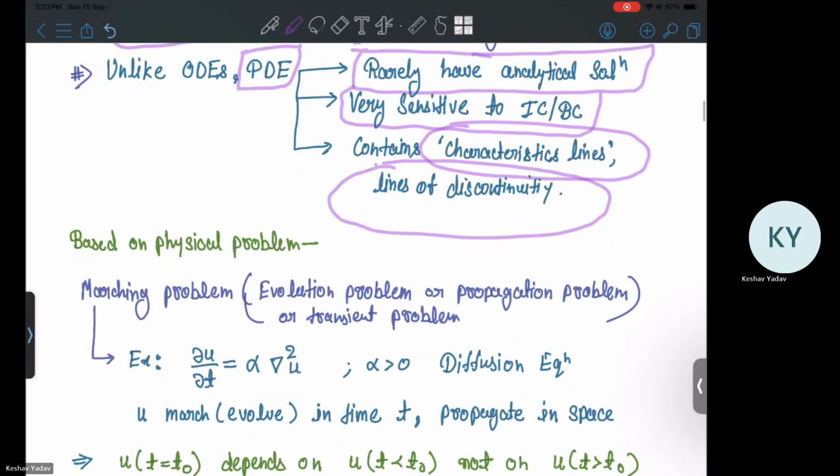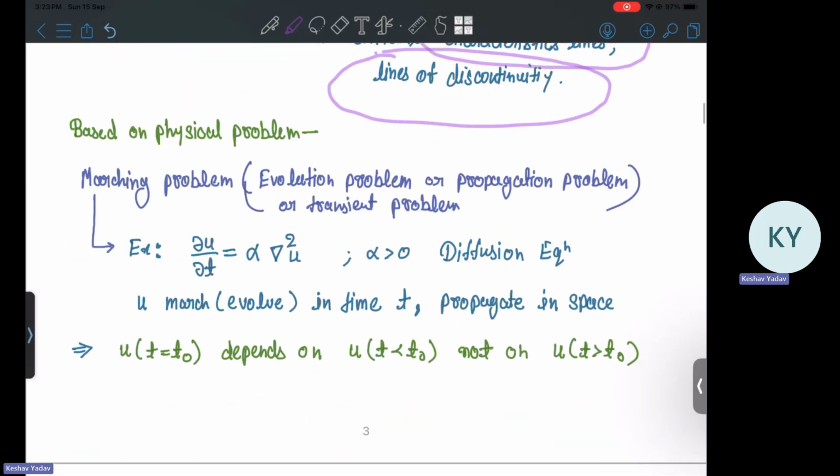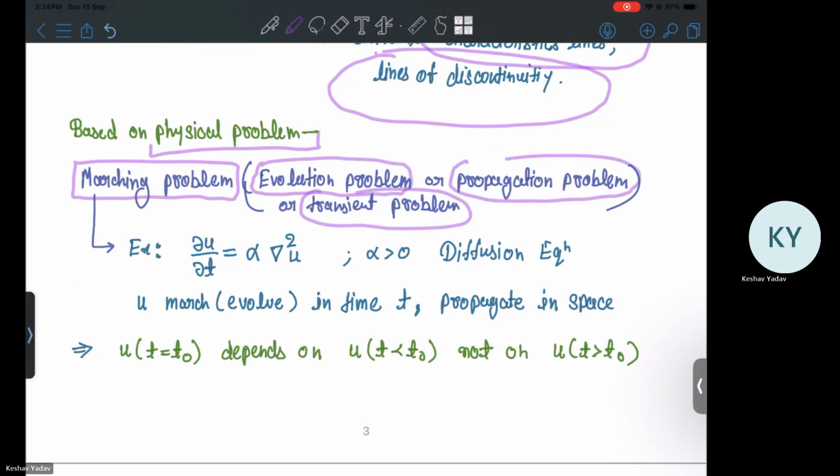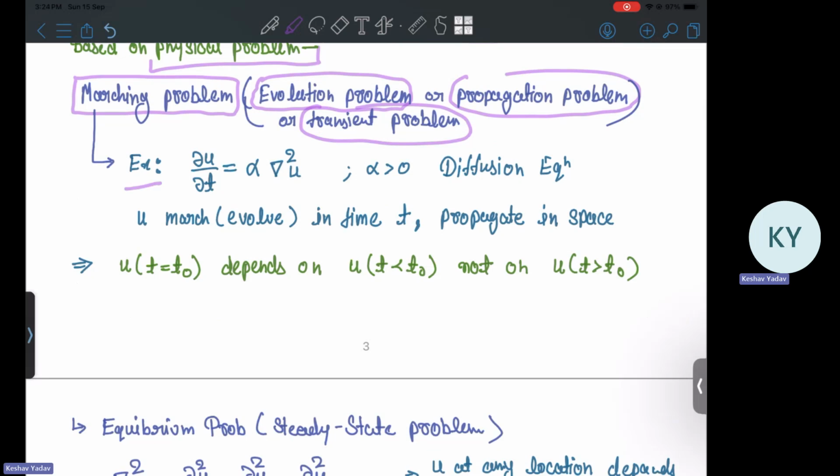So how can we classify these PDEs? They can be classified physically and also in the mathematical sense. Based on the physical problem, the first type of PDE can be a marching problem. This can also be termed an evolution problem, propagation problem, or transient problem. An example is del u upon del t equal to alpha Laplacian of u.